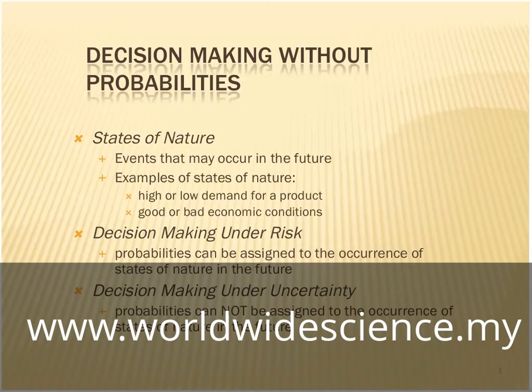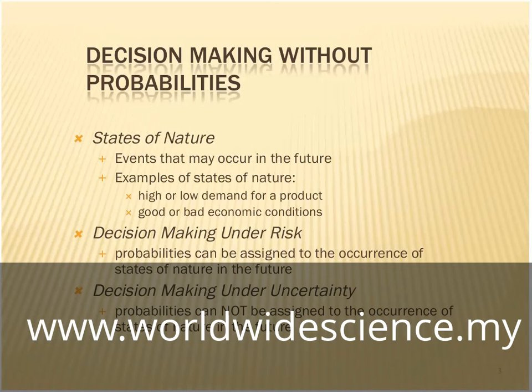A state of nature is called events that may occur in the future. For example, high or low demand for product, good or bad economic condition, poor or good foreign competitive condition, and something like this.